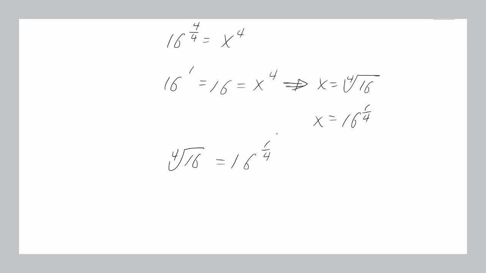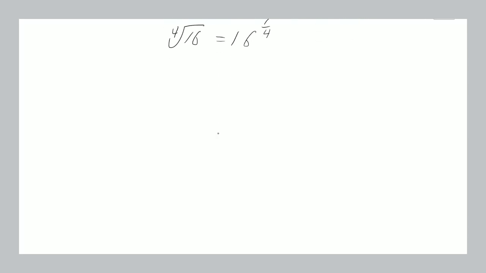Now that's not just the case with 16 and 4 and 1 over 4. It's the case with anything. a to the power of 1 over b is what? Okay, well, let's raise both sides to the power of b.